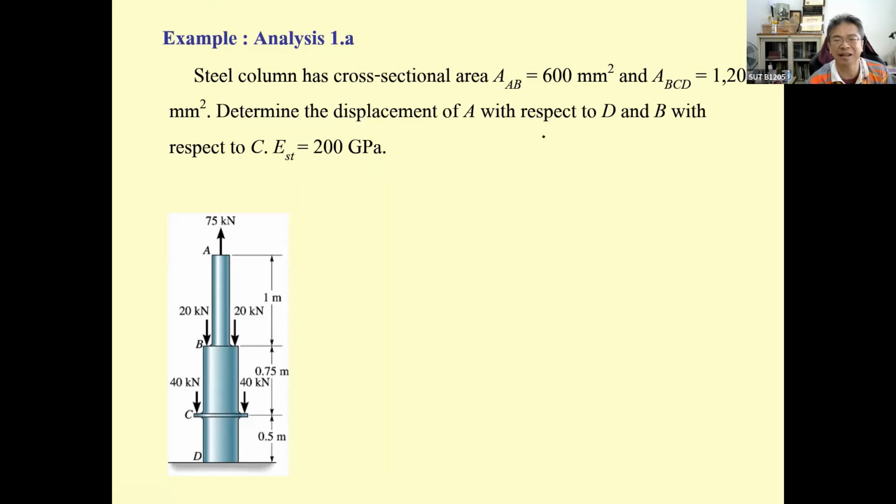What they are asking is the deformation at A with respect to D, and the deformation at A with respect to B. If you're trying to understand this, the deformation at A with respect to D is going to be the deformation at A with respect to B, that is the first portion, plus the deformation at B with respect to C, the second portion, plus the deformation at C with respect to D. That is going to be the whole deformation of this column.